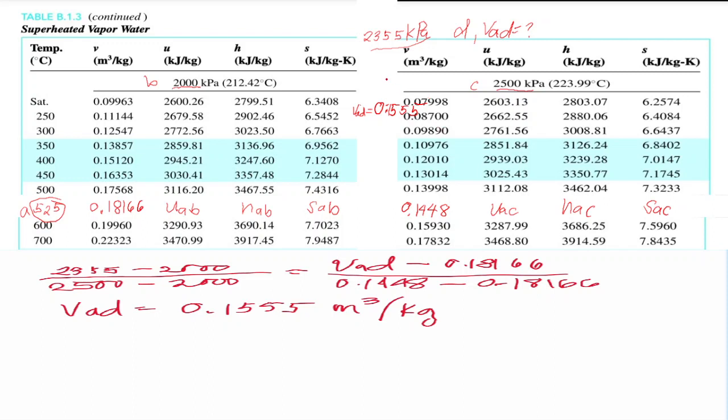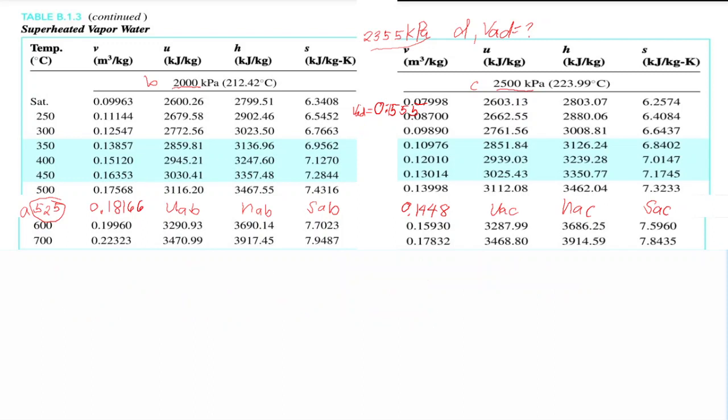So that means that the specific volume of your steam at a temperature of 525 degrees Celsius and at a pressure of 2355 kilopascal is equals to 0.1555 meter cube per kilogram. And so again, you have to find the internal energy UAB.